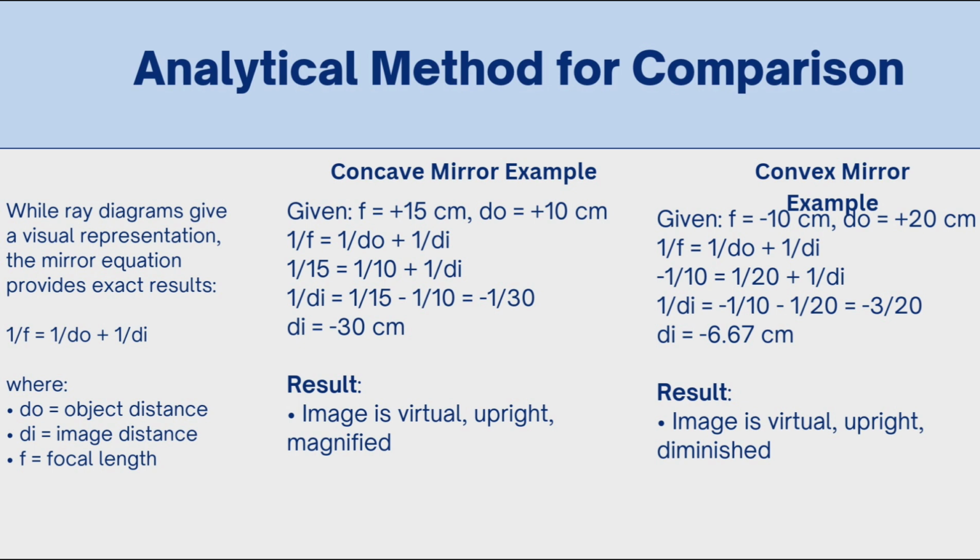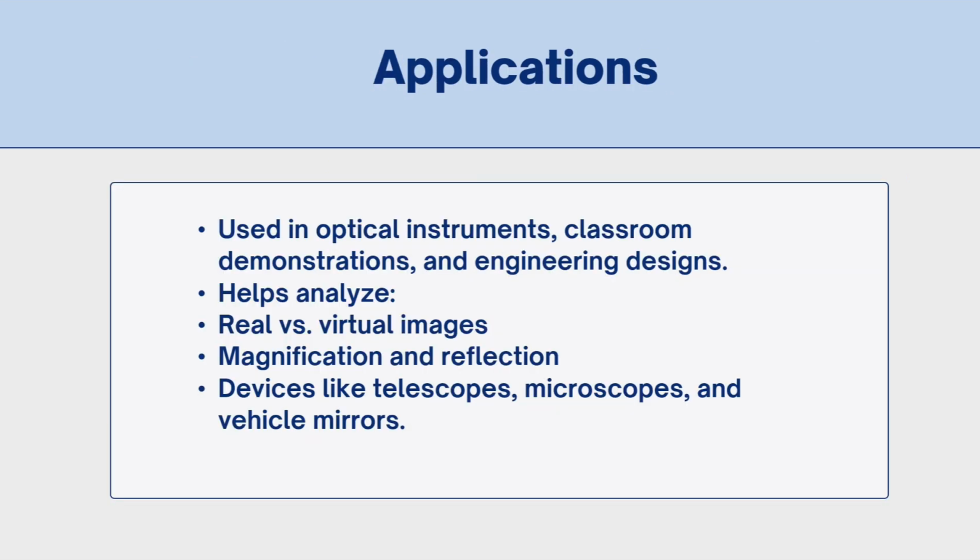It means that the image is virtual because of the negative sign, and also it's upright and diminished. Let's always remember that all convex mirrors always produce virtual, upright, and diminished images.